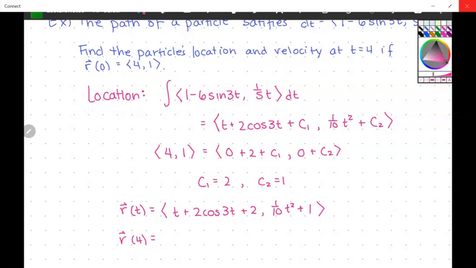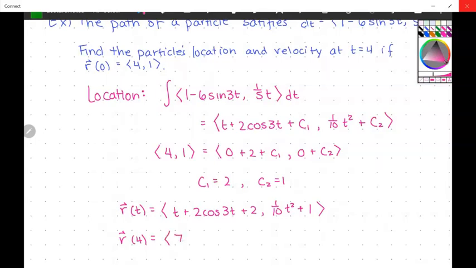I'm going to get decimals. Make sure your calculator's back in radian mode. Last night's homework was degree mode, so back in radian. 4 plus 2 cosine 12 plus 2.